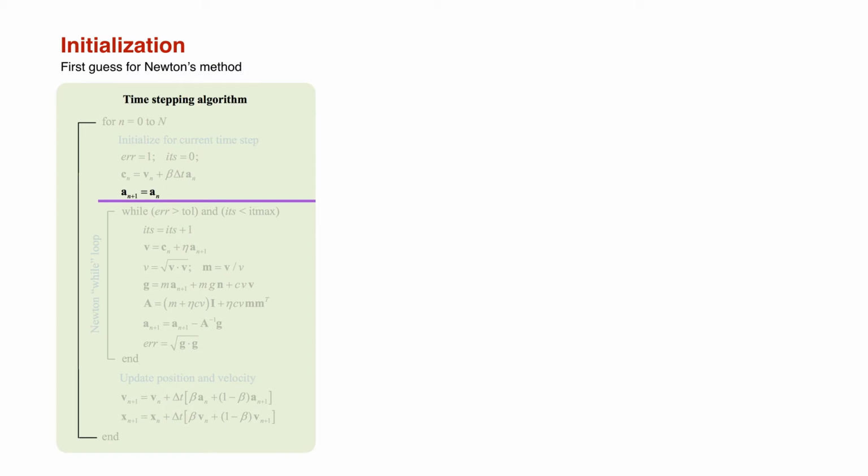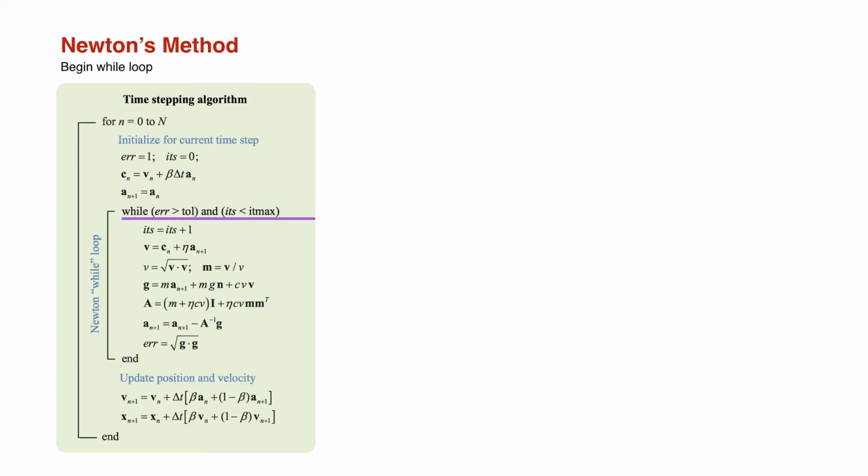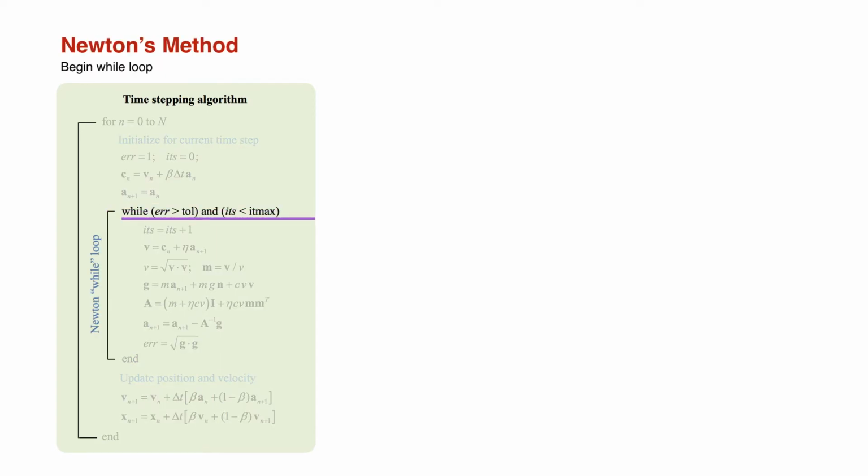So before we start the Newton while loop, we actually want to initialize our first guess for Newton's method. And then we have our conditions here. For Newton's method, we want this section of code to run while the error is greater than the tolerance that we've already defined, and the number of iterations is less than the iterations max, and that's going to cut any extra iterations so we don't end up with an infinite while loop.